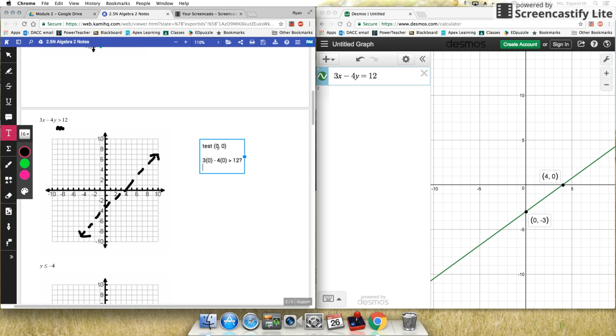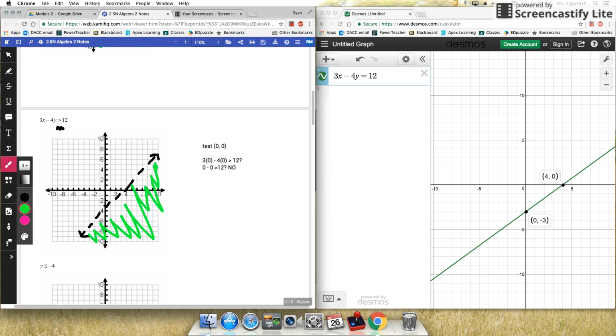Well, 3 times 0 is 0, minus 4 times 0, which is 0. Is that greater than 12? No, 0 is not greater than 12. So that means our solutions don't lie here at 0, 0. They lie on the other side. I'm going to shade this side, the side that is not 0, 0 in it. This whole region is our solutions.